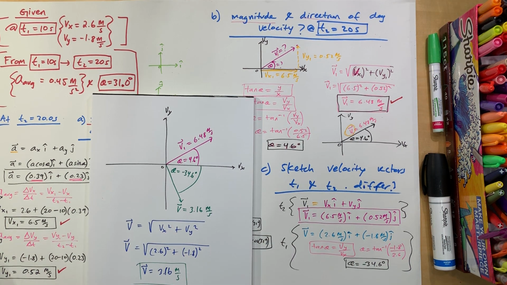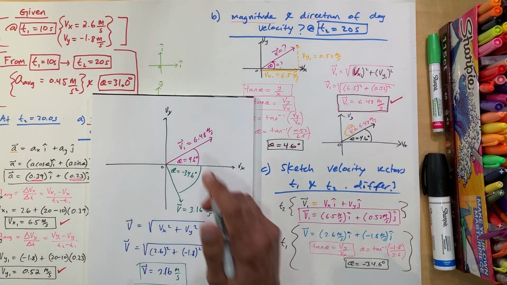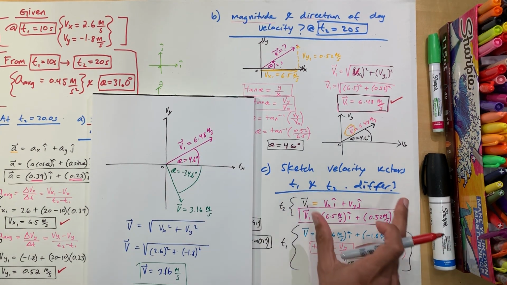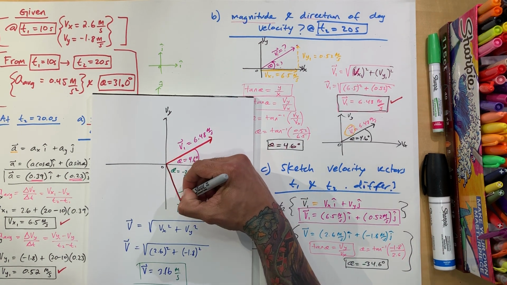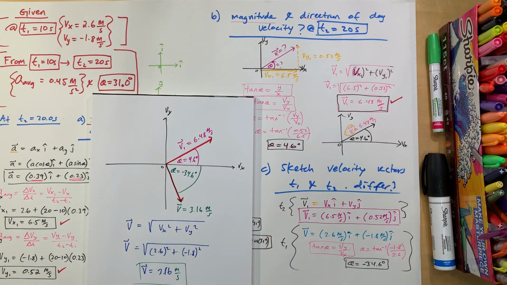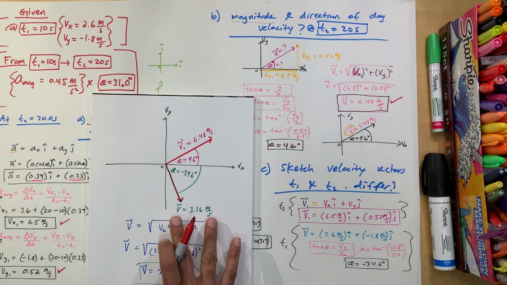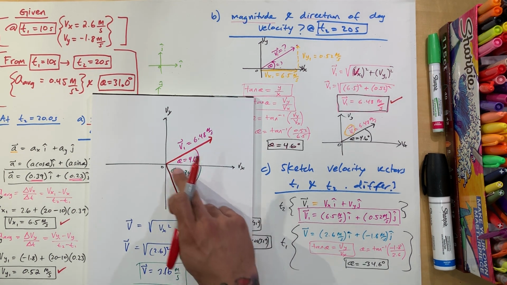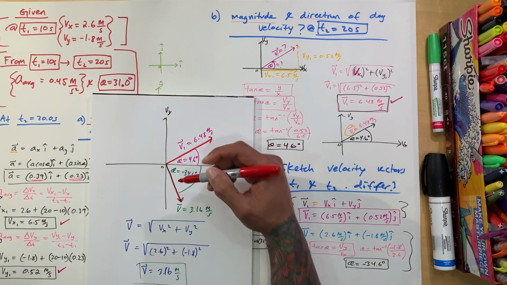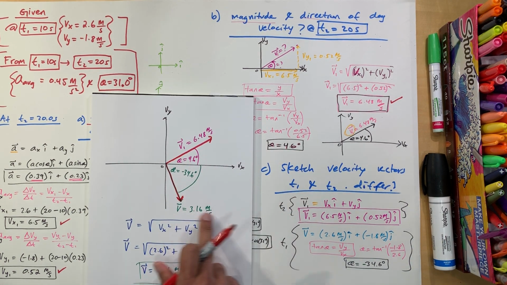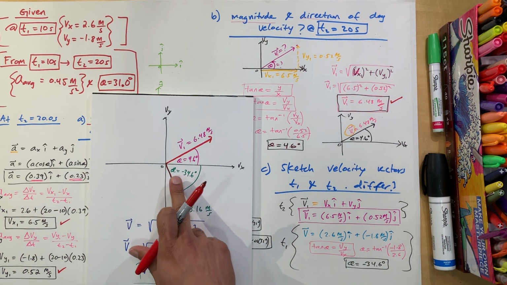All right, so now we completed C, which was sketch both velocity vectors. So this is one of them and this is the other. So let's see if we could interpret a little bit. Initially the dog was doing this right here, going in this direction with this magnitude of speed and at this angle.